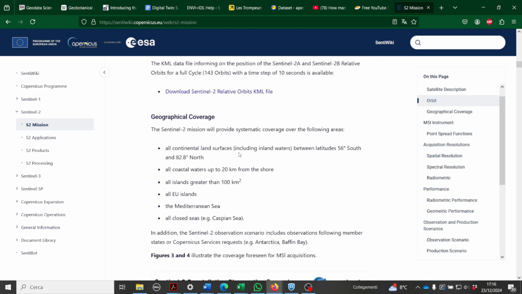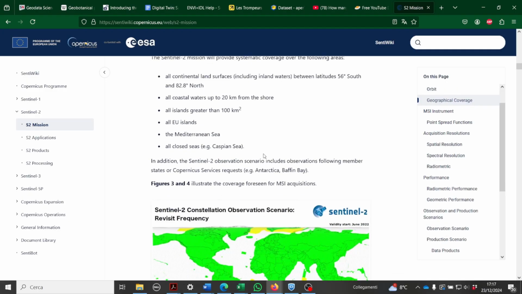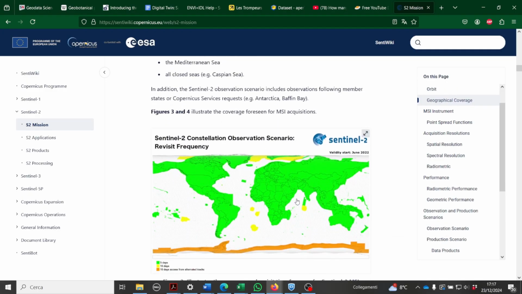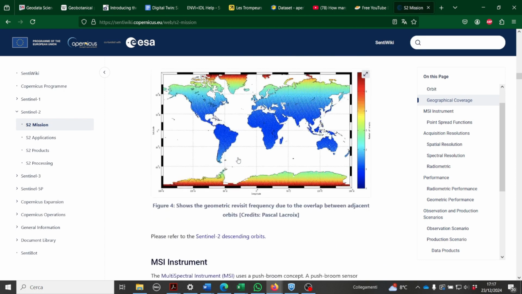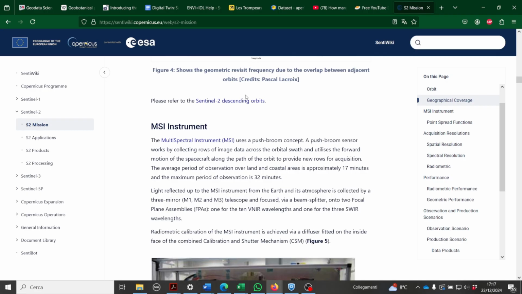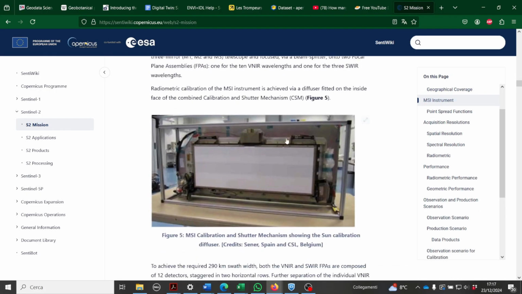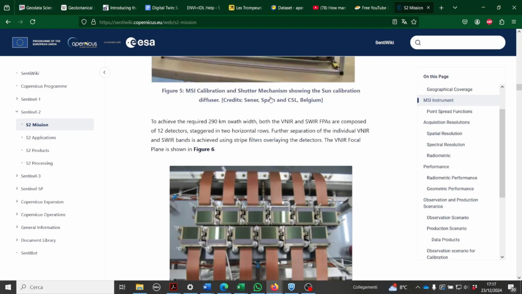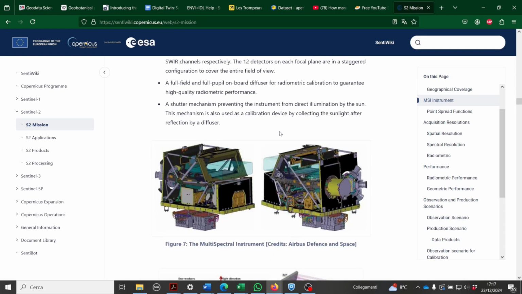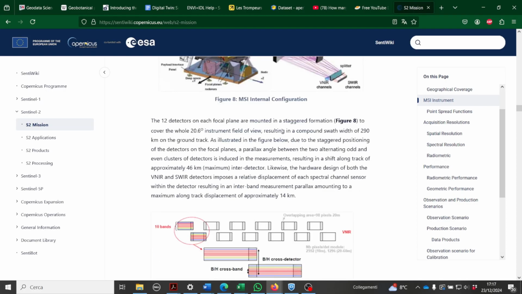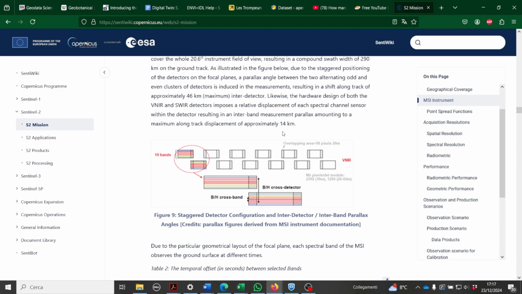this is the geographical coverage. Of course, it's acquiring for the most part of the world in which we are interested, and these are the different passes. Concerning the MSI instruments, this is the picture of the instruments, but this is not very important for us, because what is very important is the way in which it is acquiring data.